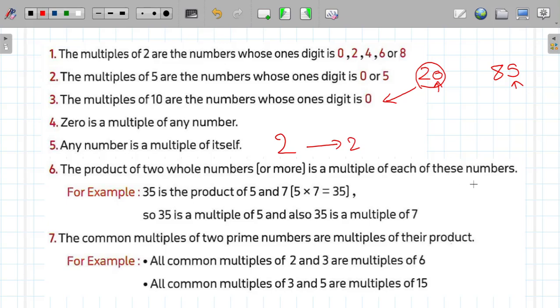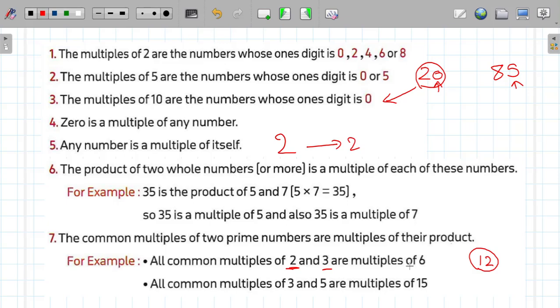So if I have 2 and 3, I can say that all common multiples of 2 and 3 are multiples of 6. So if I have 12 and I see that 12 is a multiple of 2 and a multiple of 3, I can say that 12 is a multiple of 6 too.